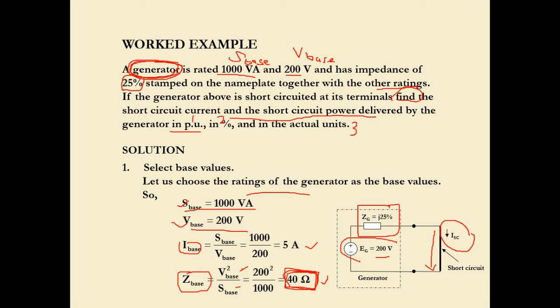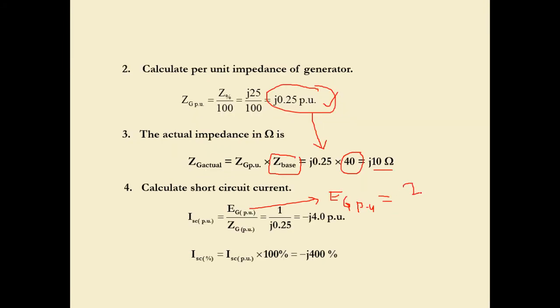This is the actual 200, and this is also the base. So we have 200 the actual over 200 the base value of the generator. Then we get this equal to 1.